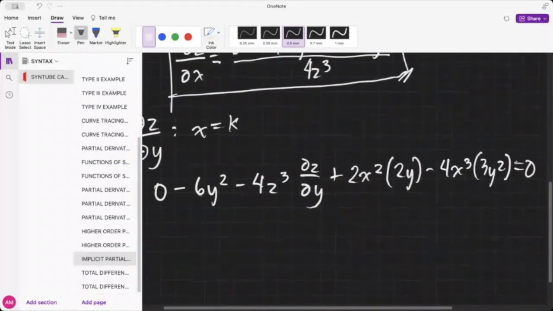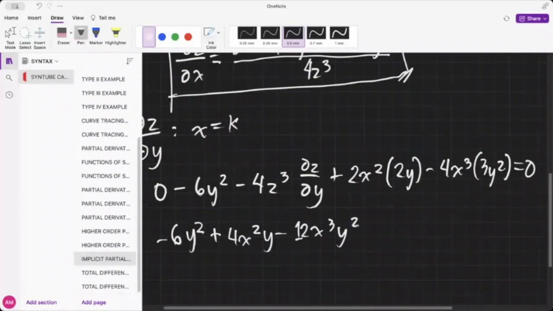Okay. Move this to the other side, so you get negative 6y squared plus 4x squared y minus 12x cubed y squared is equal to 4z cubed dz over dy.